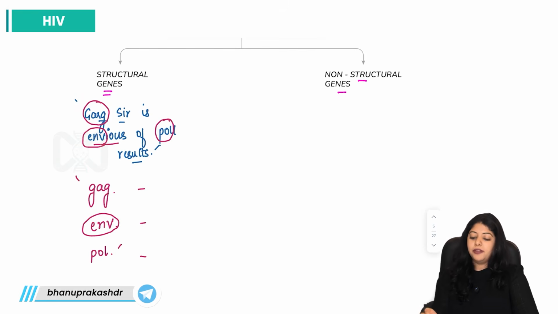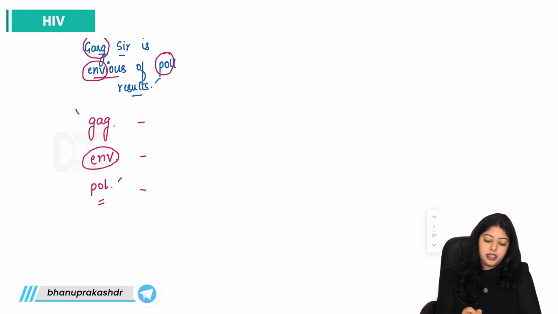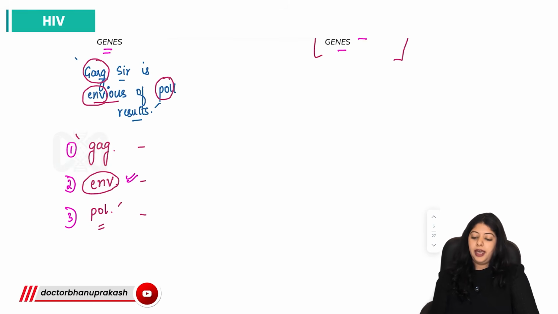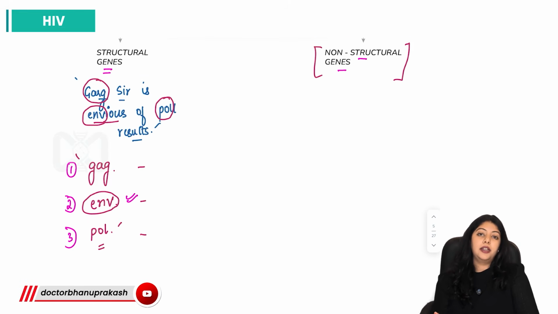And then we have the non-structural genes. Remember these genes, very, very important, the most important being the ENV gene. The non-structural genes are around 6. So what are these?